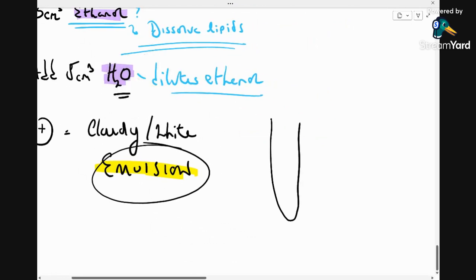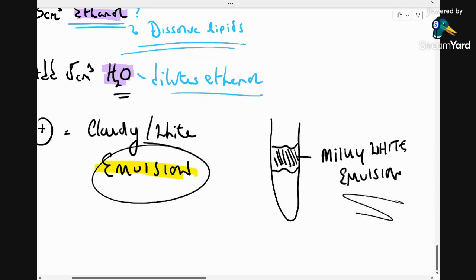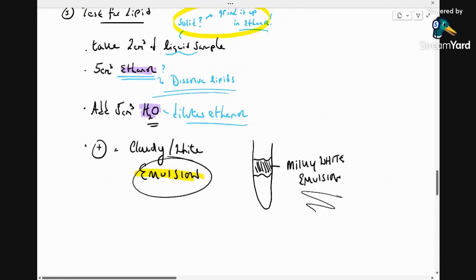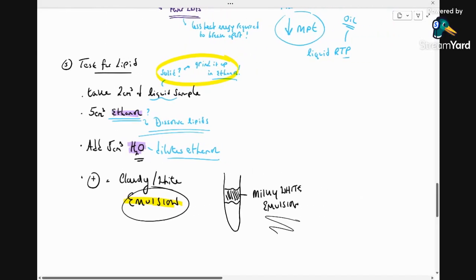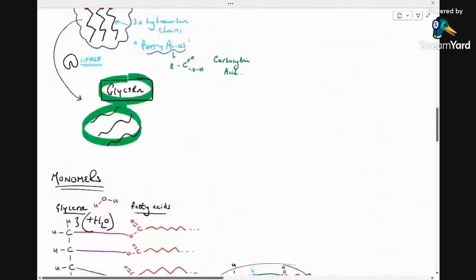So if your test tube looks like that, you will see a sort of cloudy, milky emulsion as a layer, a sort of milky white emulsion forming. If you don't have any lipids in your sample, then of course you won't see this. Okay, that's the biochemical test for lipids done.